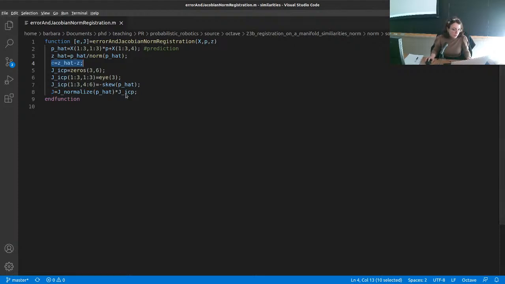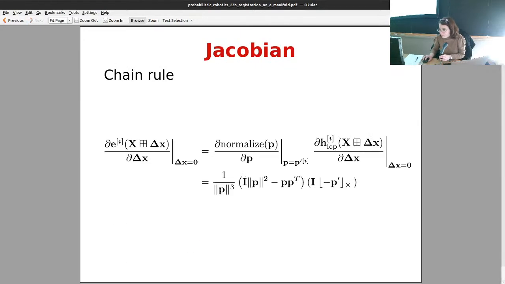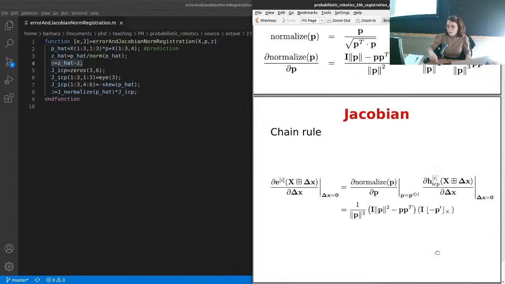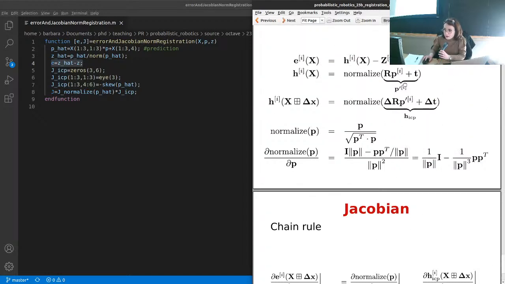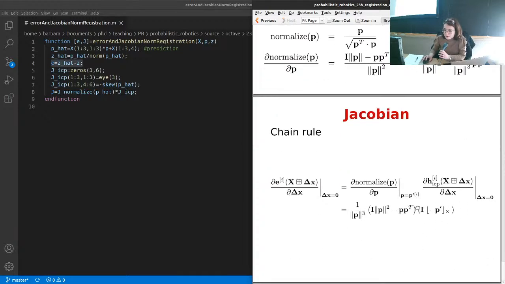As you have seen in the last slide, which I will put here on the right, we compute the Jacobian as the product of the Jacobian of the normalized function computed in p hat, which is the argument of the normalized function in the prediction function, times the usual Jacobian corresponding to the ICP measurement function. So you compute your J ICP by blocks.